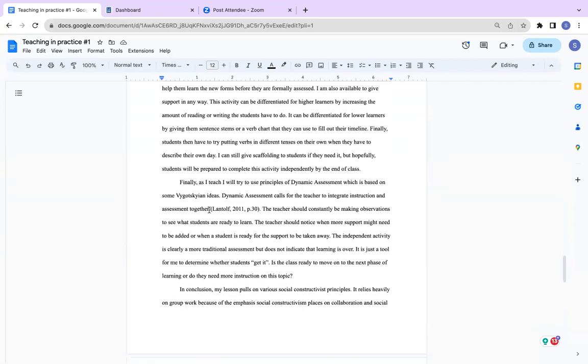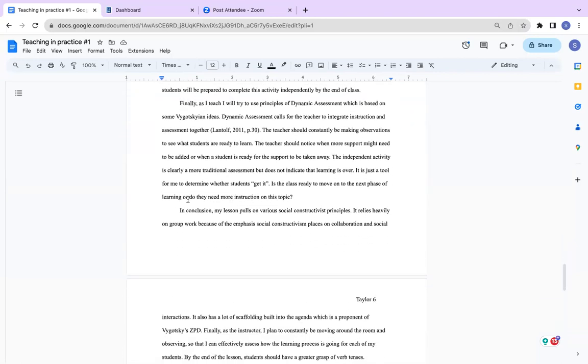And the last thing that is not necessarily present in the wording of the lesson plan, but is something I'm going to try to implement more into my teaching style, is this idea of dynamic assessment that we talked about last week. I'm not going to just sit at my desk and let students work by themselves and hopefully figure it out on their own.